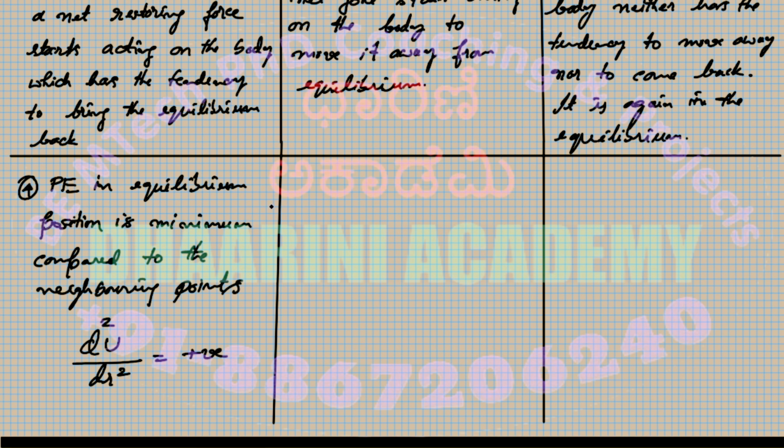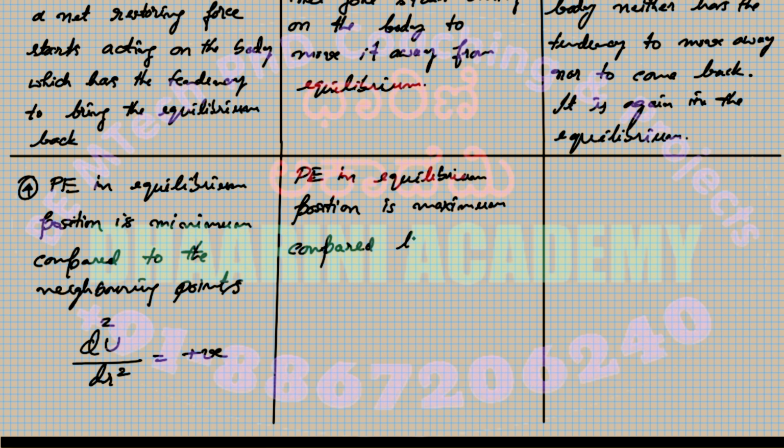All right, so now the potential energy in the equilibrium position is maximum compared to its neighboring points.